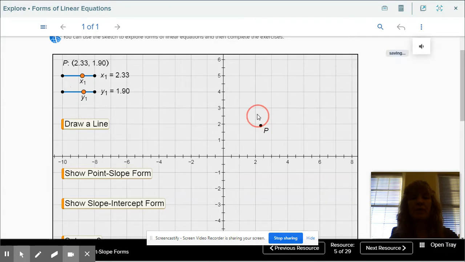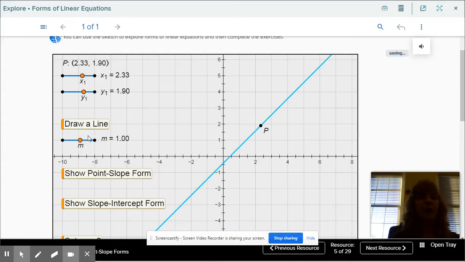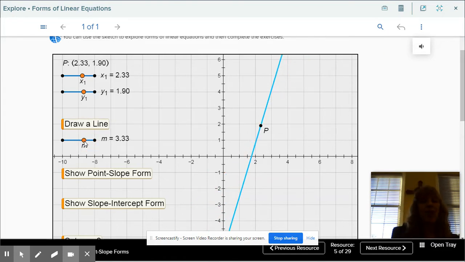Let's move this to a manageable point. Maybe it won't let us do that. All right, so we have an ordered pair. We have 2.33, which is x, and 1.90, which is y. These are your ordered pair points. And we need the slope of your line, we're going to make it 3.333. So these are the only numbers that you need.